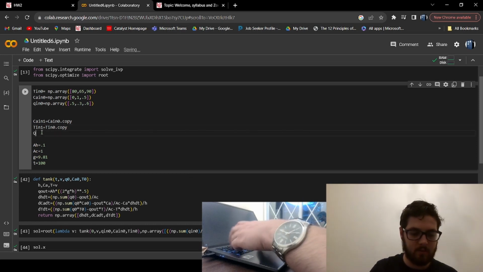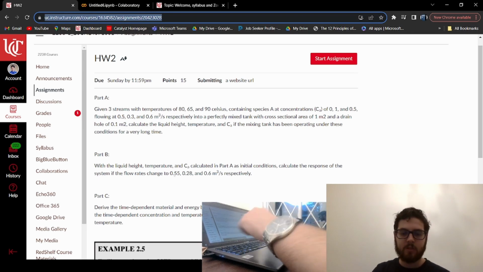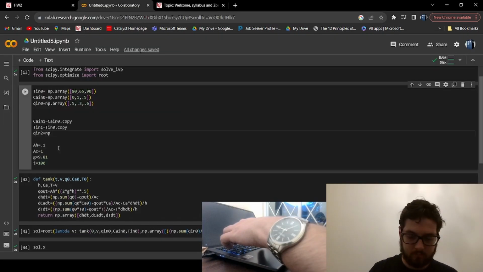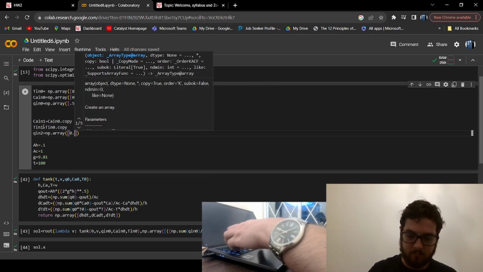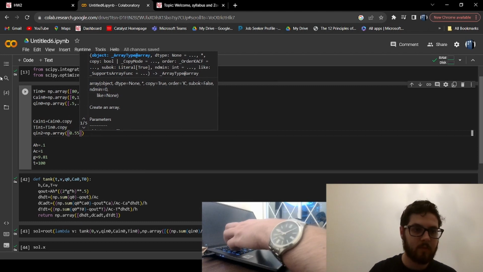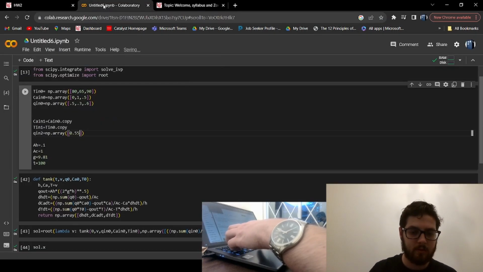So Q_in1 is going to be equal to 55.28 and 0.6.